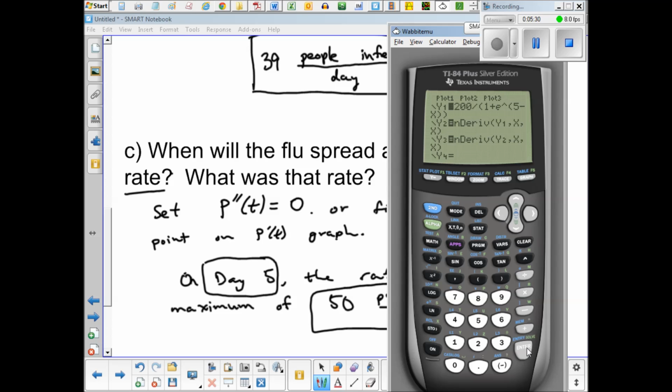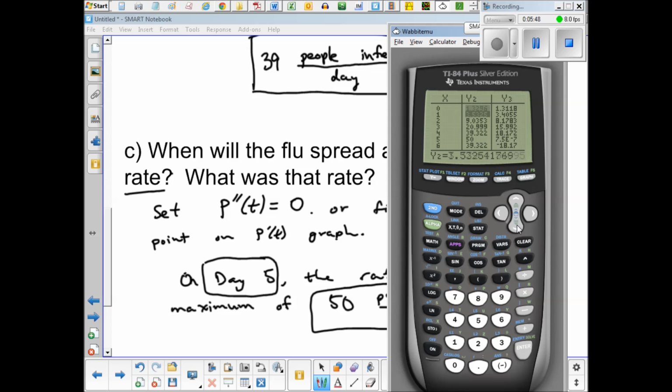I'm done looking at the people being sick. Look at the growth rates and the rate of growth for the growth rate. Oops, I want the table. Okay, so y2 is the growth rate, and y3 is the rate of the growth rate.